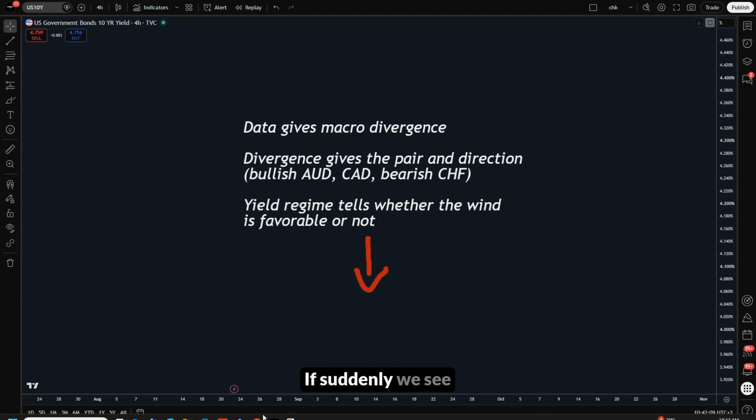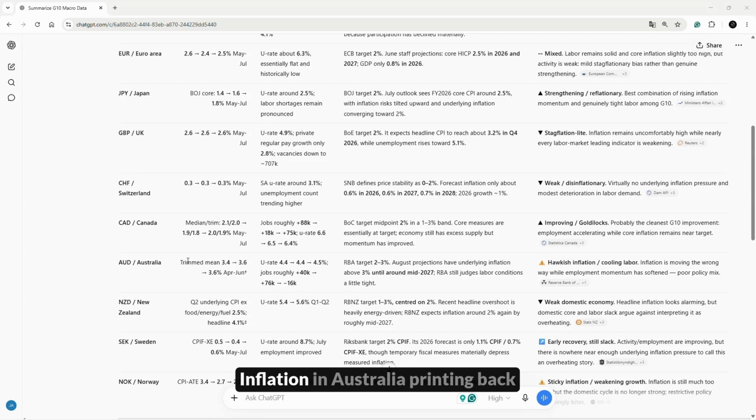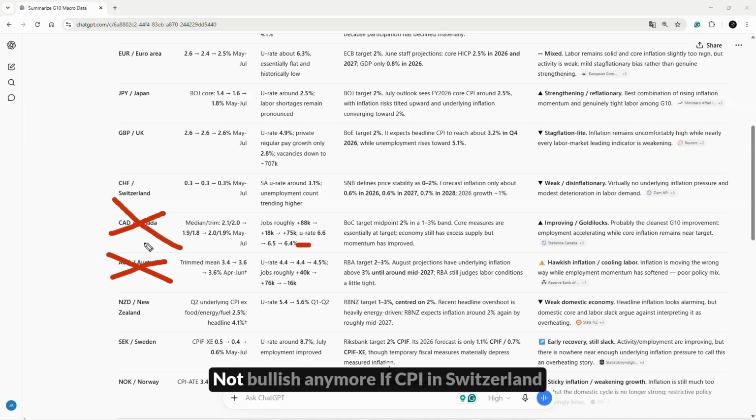If suddenly we see inflation in Australia falling to 3%, well, that's going to move Australia away from the hawkish bucket, and we're not going to be bullish for the Australian dollar anymore. If the labor market in Canada were to start deteriorating as well, remove Canada, not bullish anymore. If CPI in Switzerland were to start rising, well, not bearish the Swiss franc anymore.